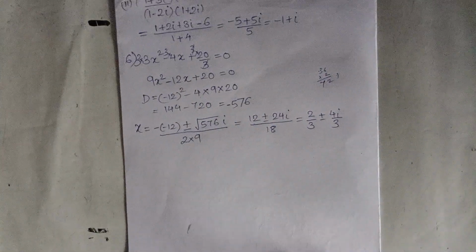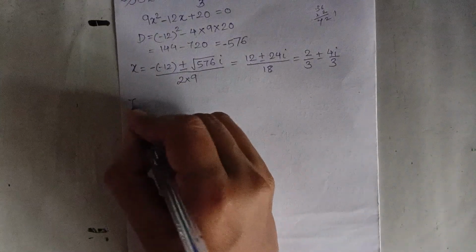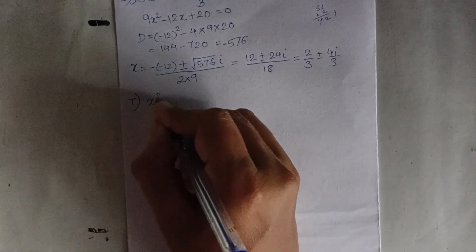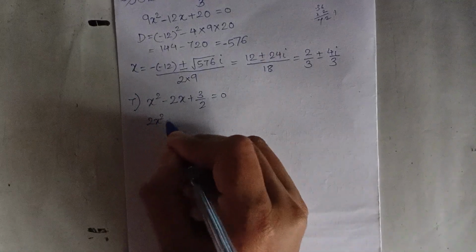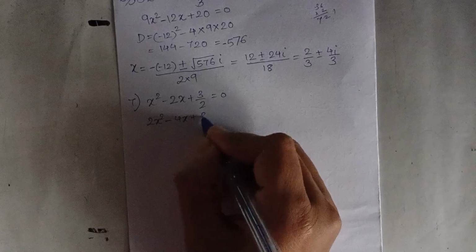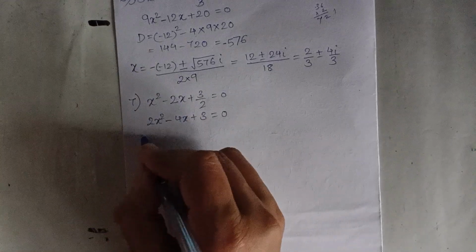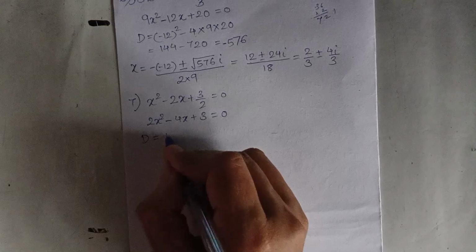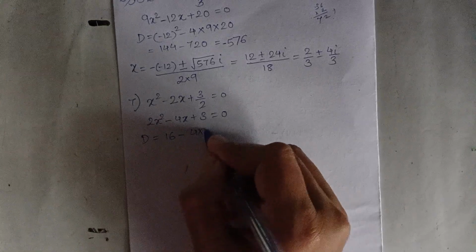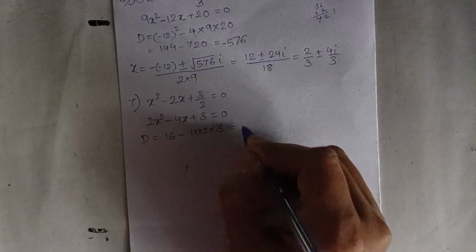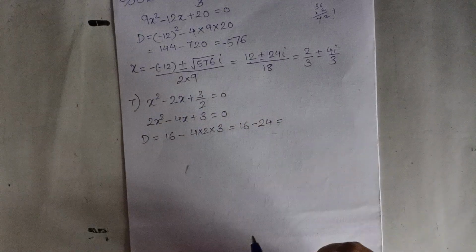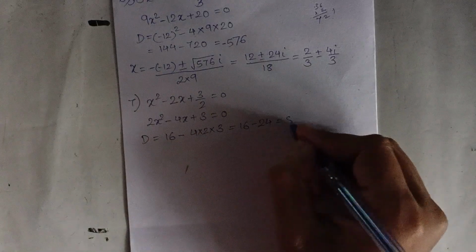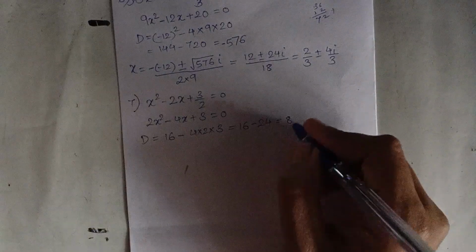Next question. Question 7. Same, you have to find complex roots. First you multiply by 2. D is b square minus 4 into a into c, which is minus 8.